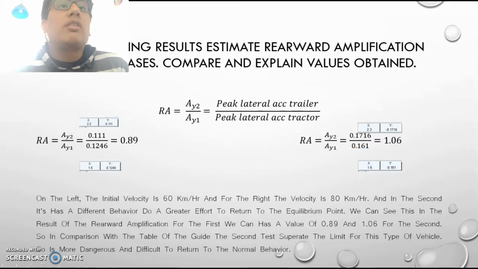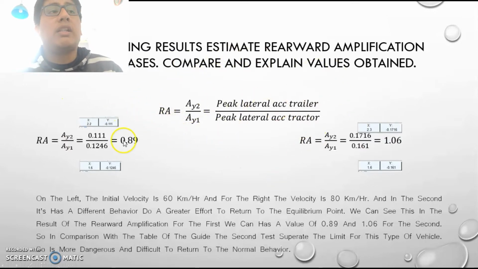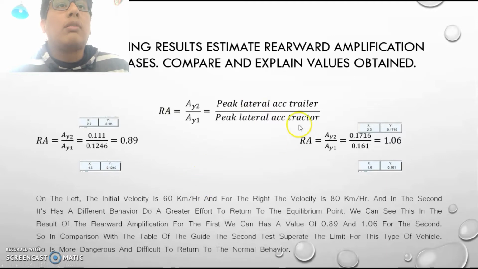Number 4, for plotting results, estimate rearward amplification for both cases, compare and display values obtained. And this is the way how we need to calculate the rearward amplification for both simulations.